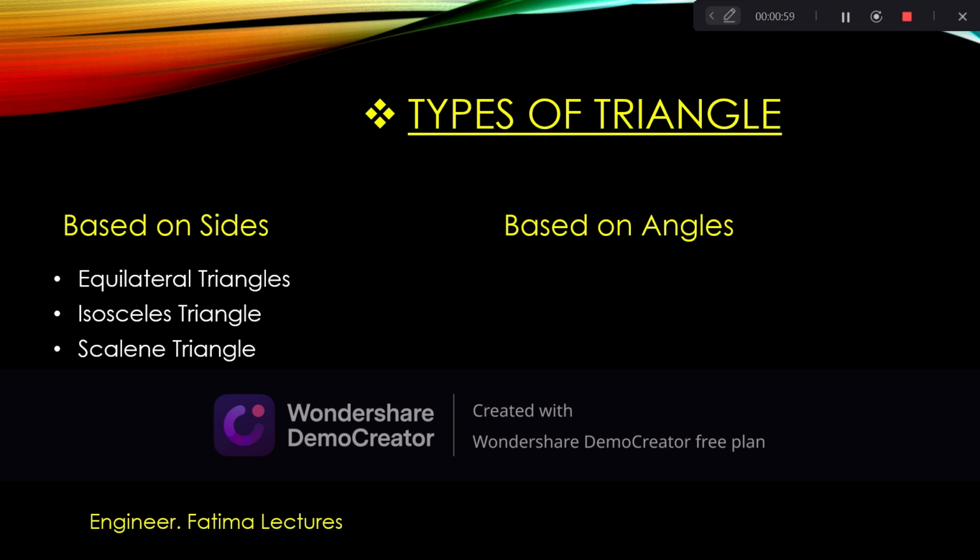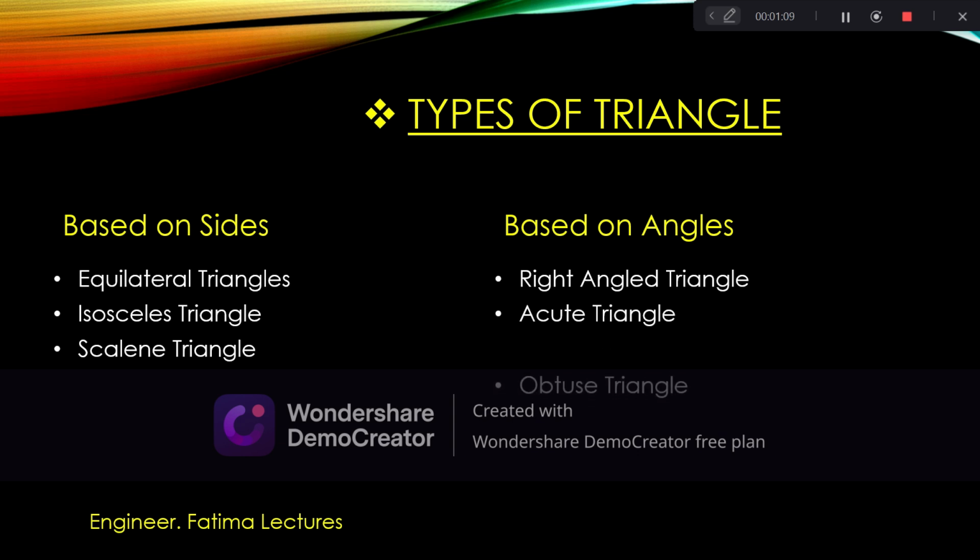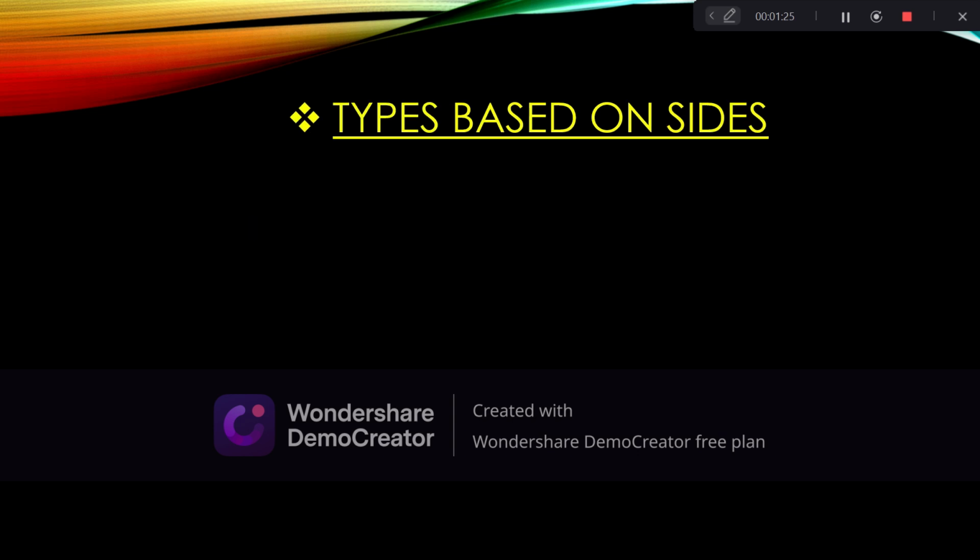And when we talk about types of triangles based on angles, there are 3 types: right angle triangle, acute triangle, obtuse triangle. So now I will explain the types one by one, starting with those based on sides: equilateral triangle, isosceles triangle, scalene triangle.